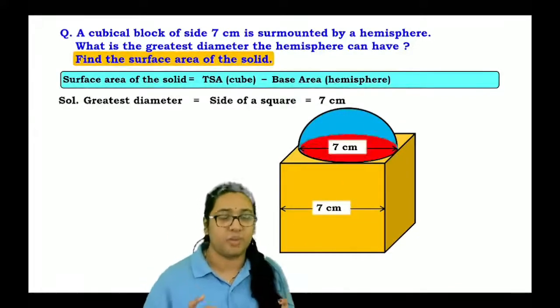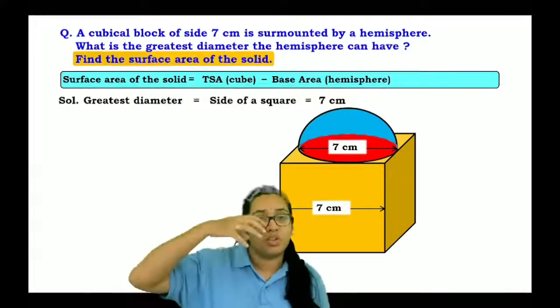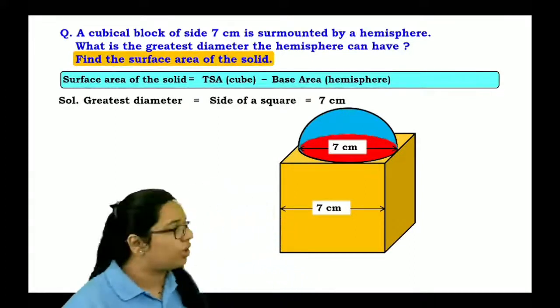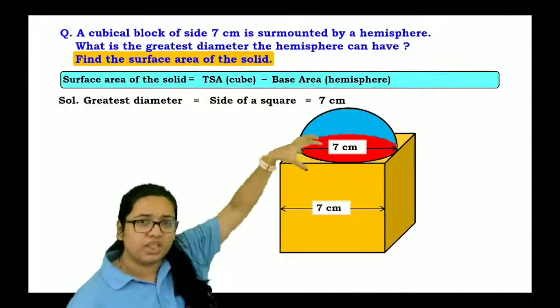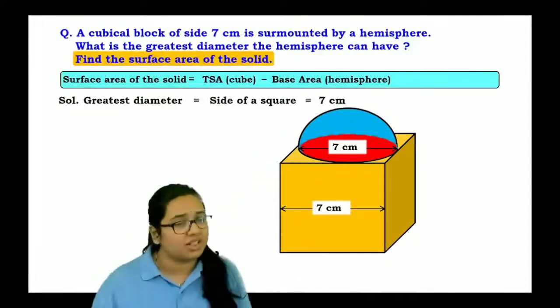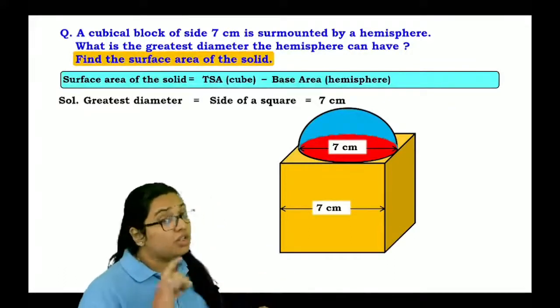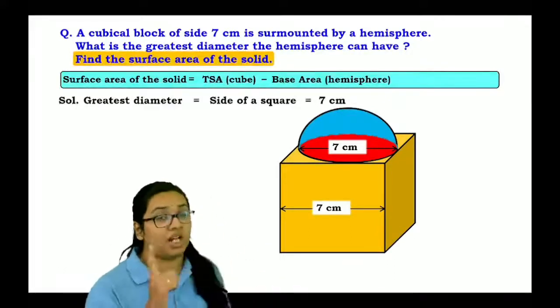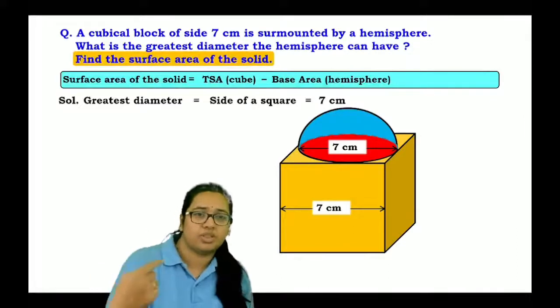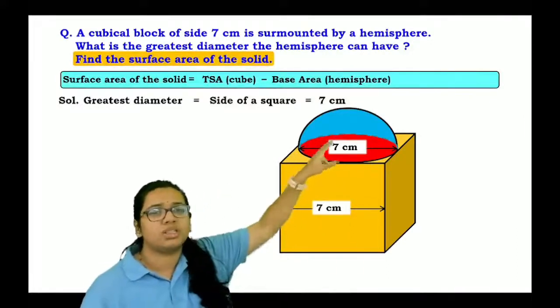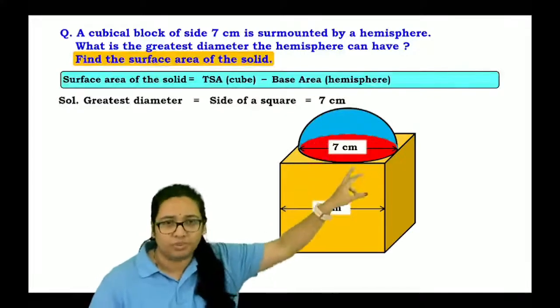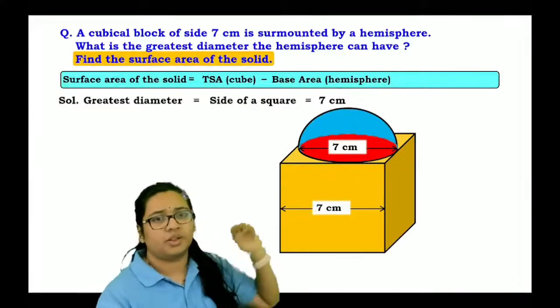Are you getting this one? Because we just want to cover the whole solid. The base area of the hemisphere will not get covered by the actual base, so for the hemisphere we consider the curved surface area, and there is no need to talk about the base of the hemisphere.